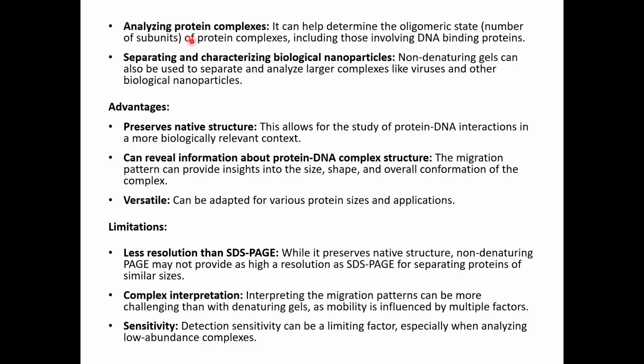So when you do studies where you need to find out the oligomeric state of the protein, you use native or non-denaturing gels. It can help determine the oligomeric state of protein complexes, including those involving DNA binding partners.